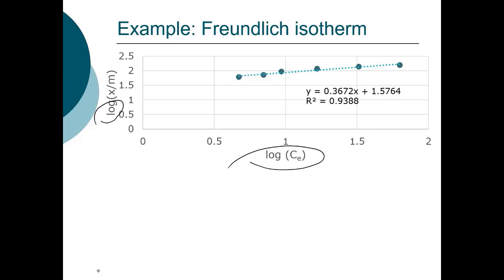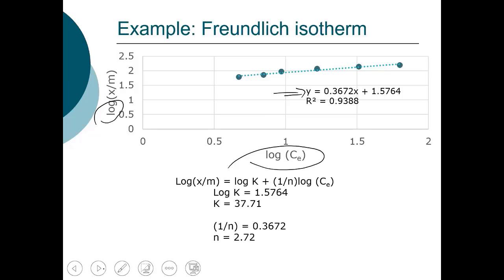We now have an equation. We've got an R squared, and we can determine the log of K is our y-intercept here.